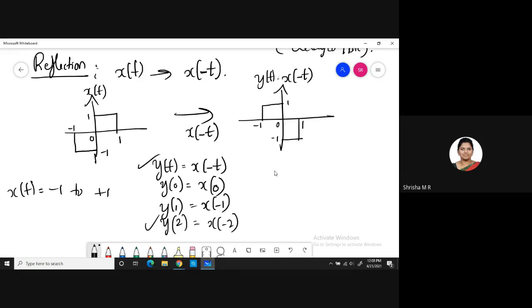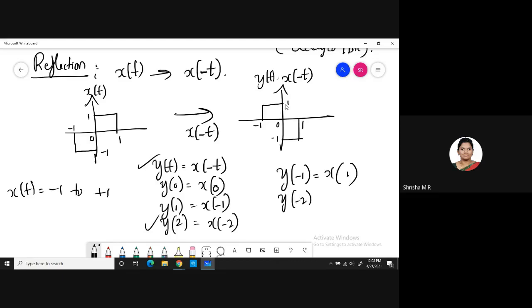So now we'll go to the negative side. y of -1 would be x of 1, which will be +1. So at instant -1 in y of t, you will have the amplitude value 1.